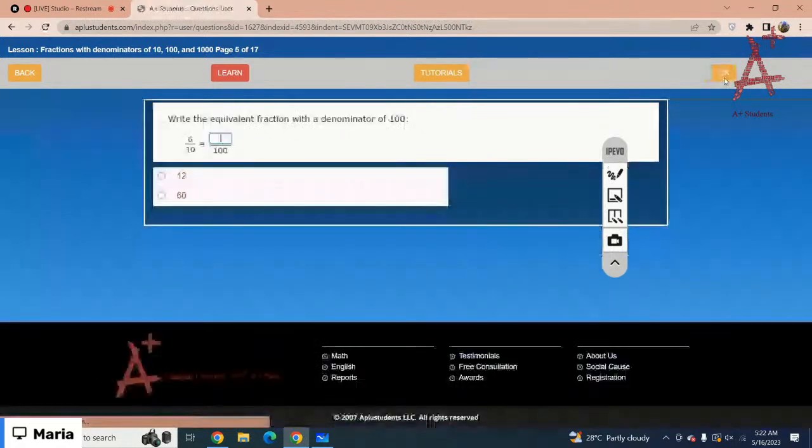Okay, write the equivalent fraction with the denominator of 100. So which is the correct option? Yes, it would be 60 divided by 100. So the correct option is 60.